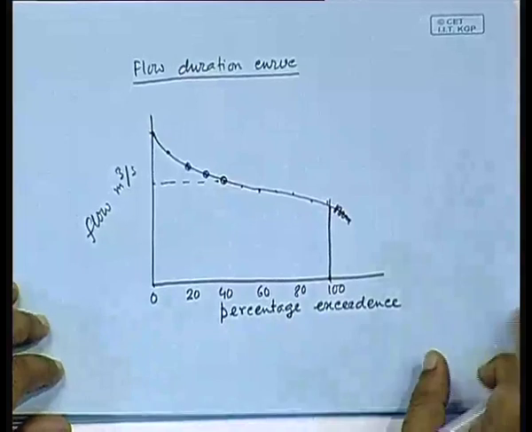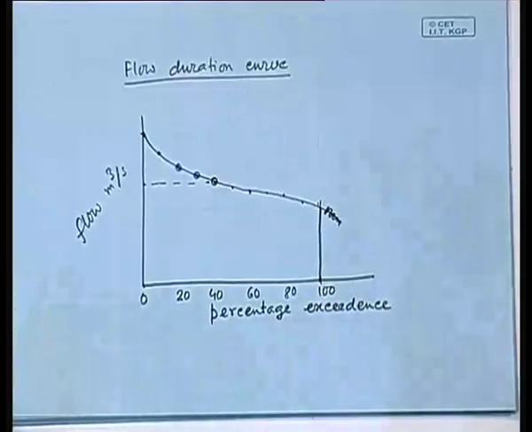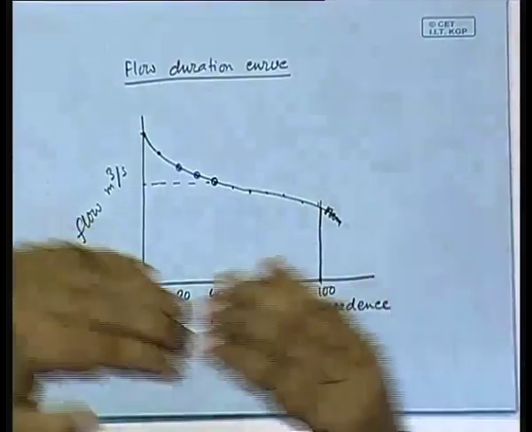Okay. Now, since the head depends on the flow, at the same time you have to take into consideration another factor. As I told you in the last class, most of the turbines in the hilly regions where head is large will be of the impulse turbine type.